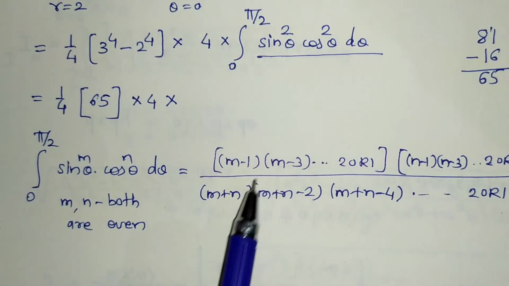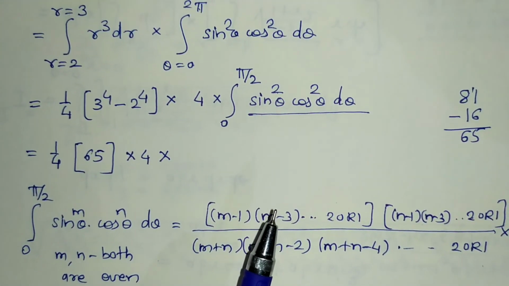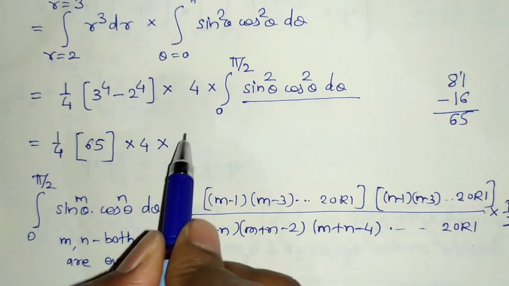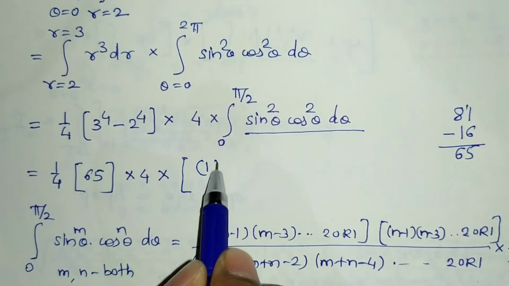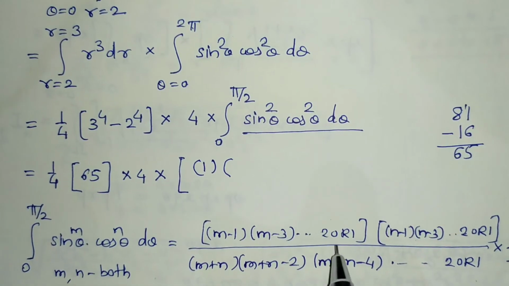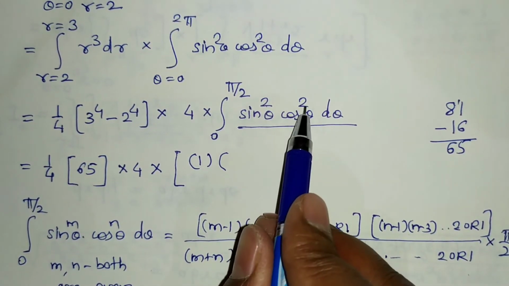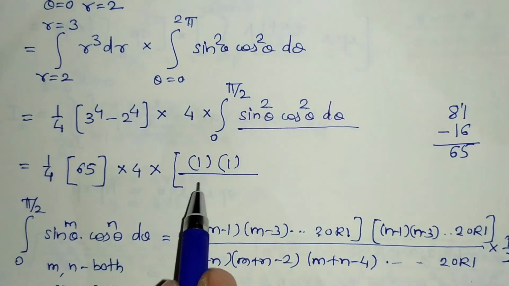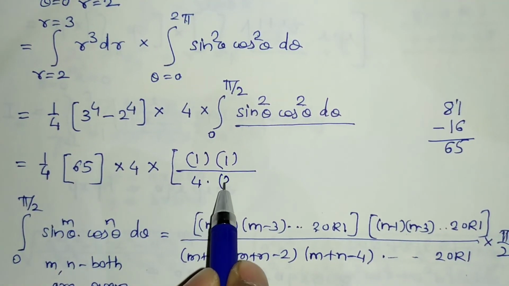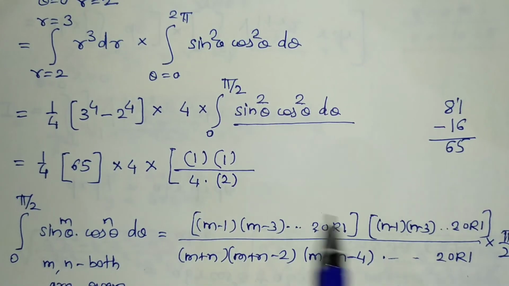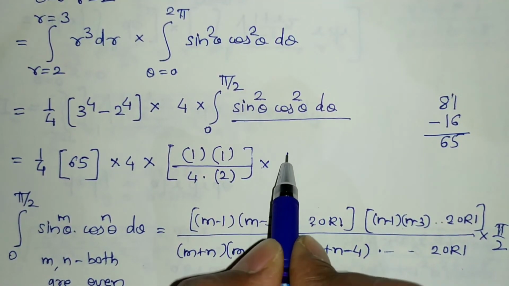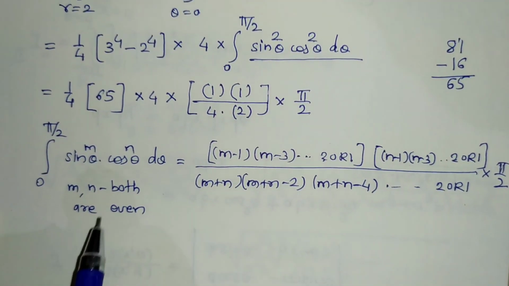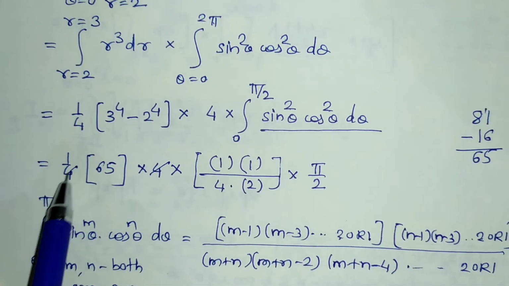Now for this integral, m is 2 and n is 2. So m minus 1, that is 2 minus 1, I write here 1, then stop, since it is either 2 or 1. Here n is also 2, so again 1. Divided by m plus n, that is 4, then 2, right up to 2 or 1, into pi by 2. Simplify this and cancel the 4.